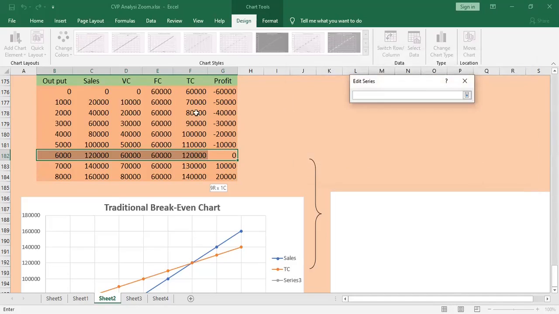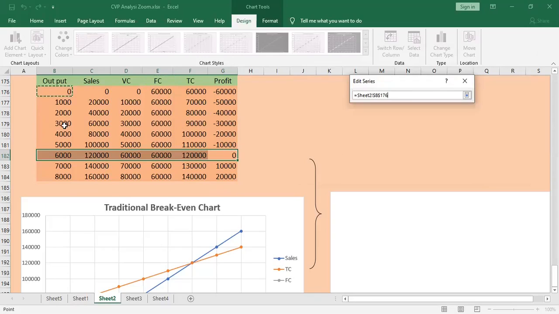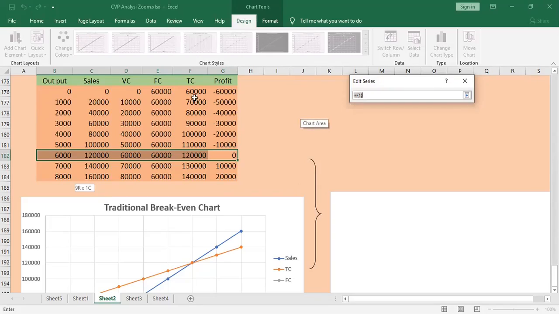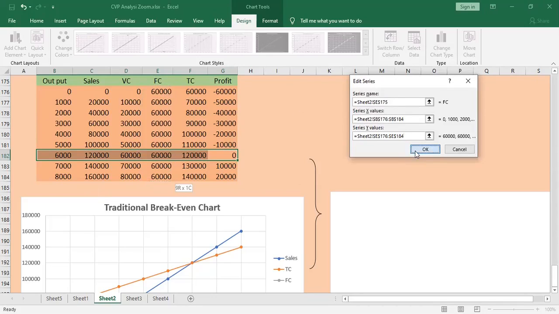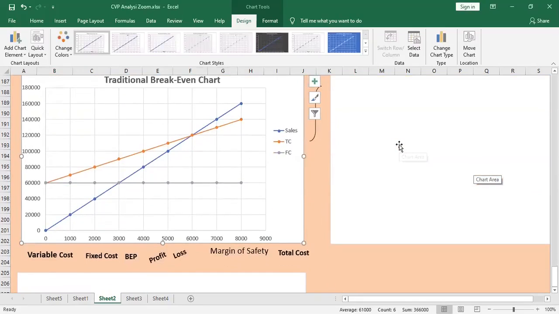Fixed cost, we know the behavior. It is not going to change. It will be parallel to the X axis at 60,000 rupees.